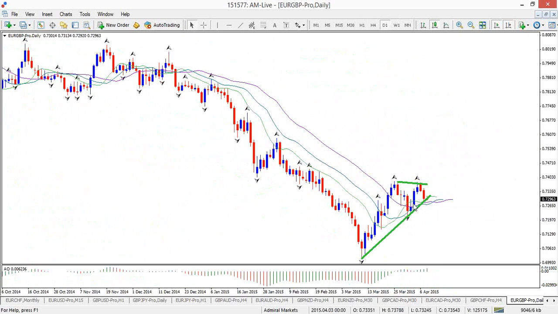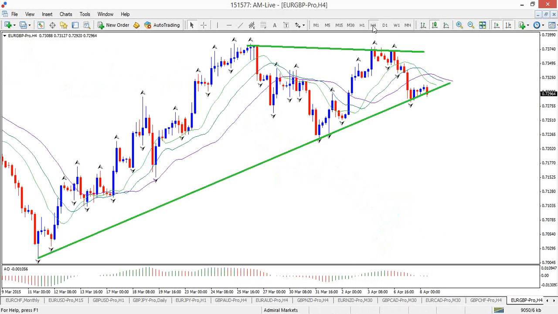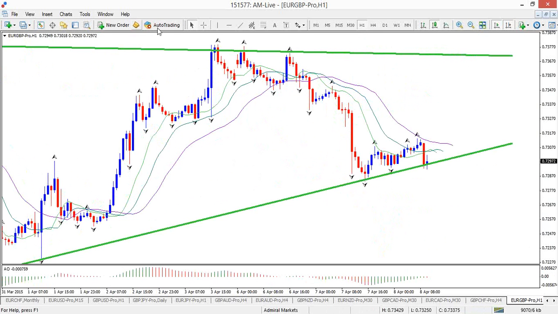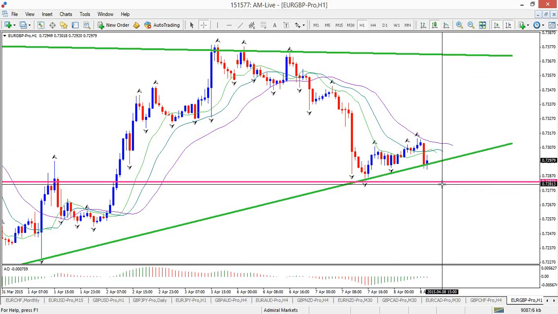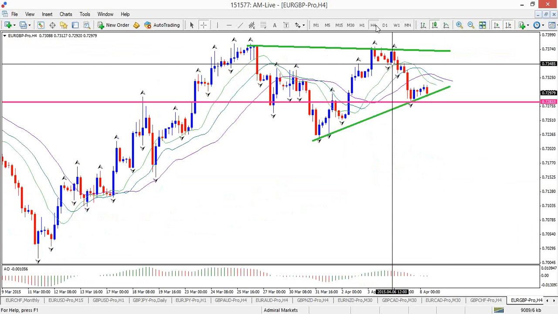So if we do break support, we could have a pretty good continuation of that. The 4-hour is looking more like a consolidation at the moment, a triangle. So we're at a spot where I would say we're bouncing or breaking. And at the moment, a break would probably be confirmed if we push below this 72.80.